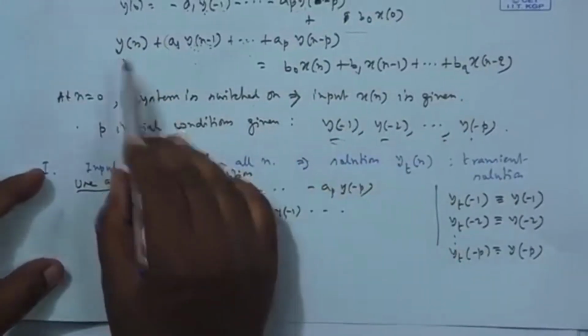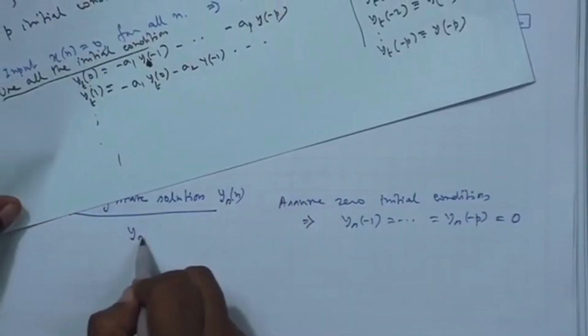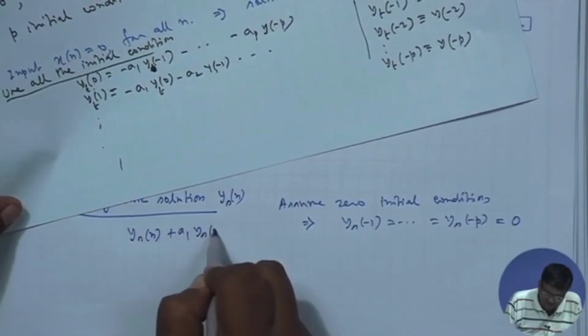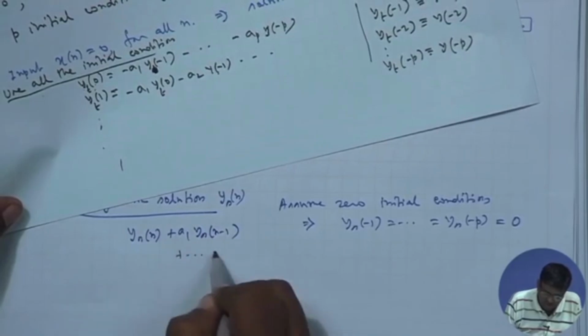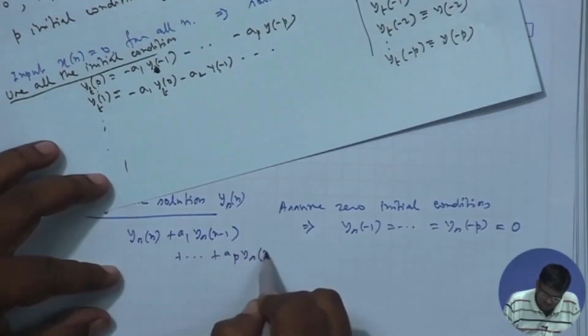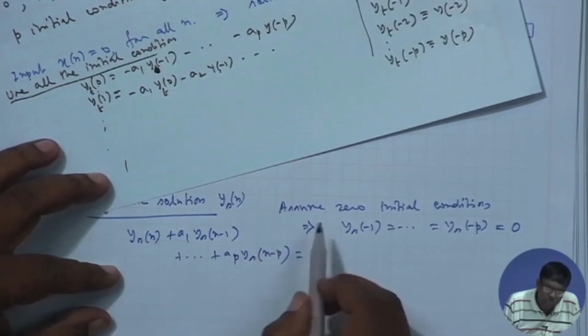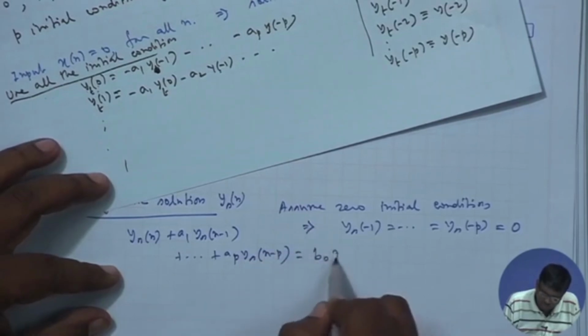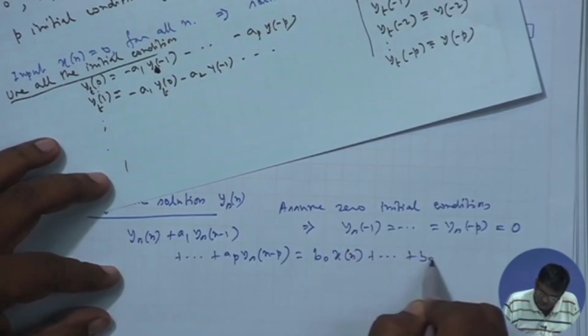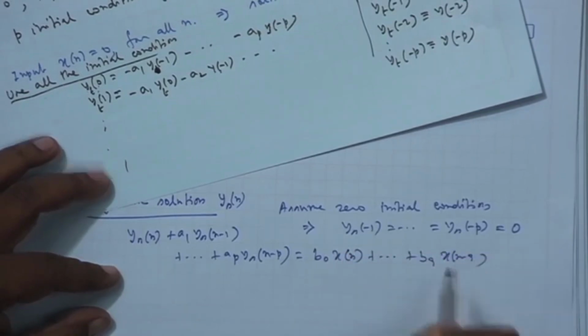I solve y s n plus a 1 y s n minus 1 and so on, and the right hand side does not change, all right.